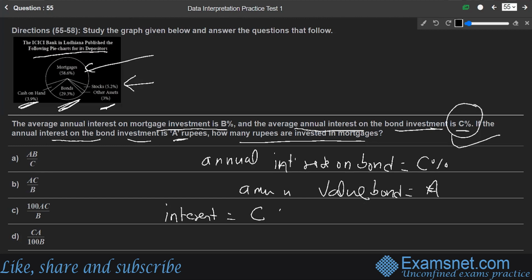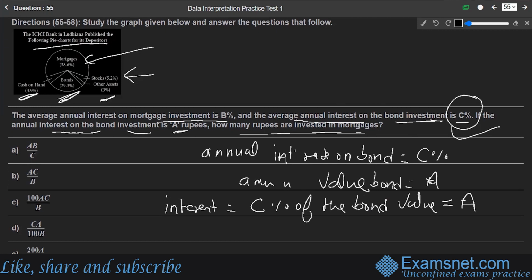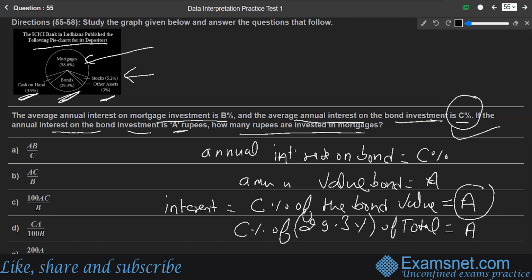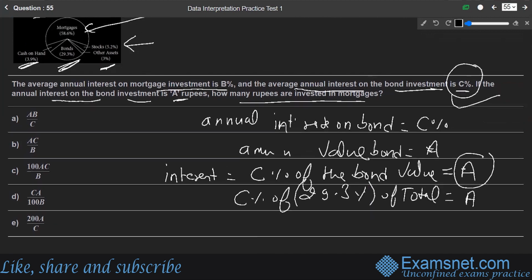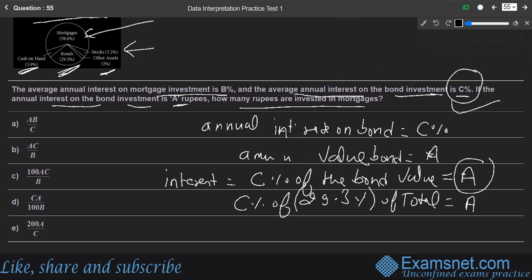Interest can be calculated as C% of the bond value, and that interest amount is already given as A. The bond value is 29.3% of the total value. So we can write that C% of the 29.3% of the total value is A. This is what we can establish.